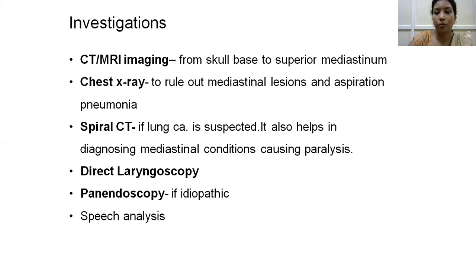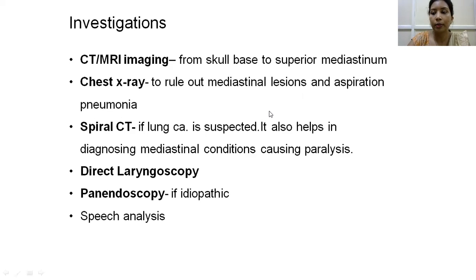But then, just to be doubly sure, we take a CT MRI from the skull base to the superior mediastinum. Then you take a chest X-ray to rule out any mediastinal lesions. We have talked about this. They could be bronchogenic carcinoma, they could be TB of the cervical pleura. So these kind of lesions, to know this, you take a chest X-ray. It can also be seen in a CT and MRI. And to rule out any presence of aspiration pneumonias.